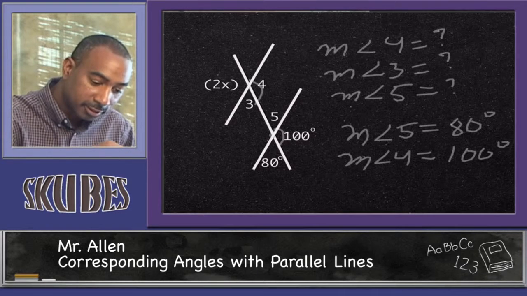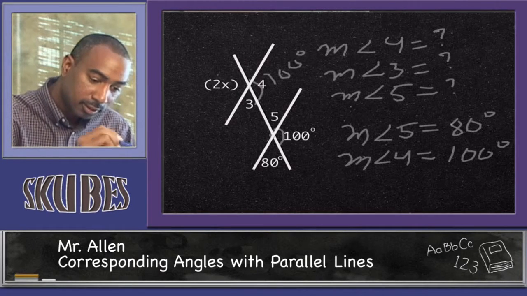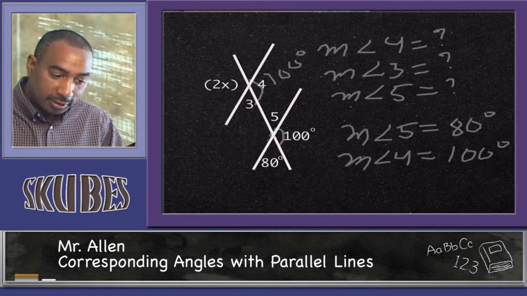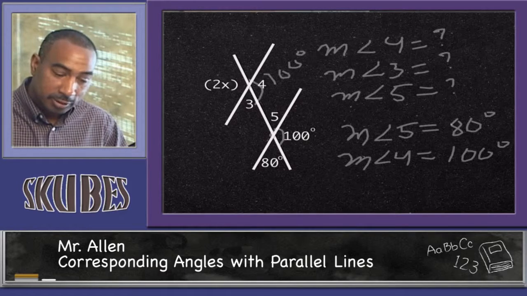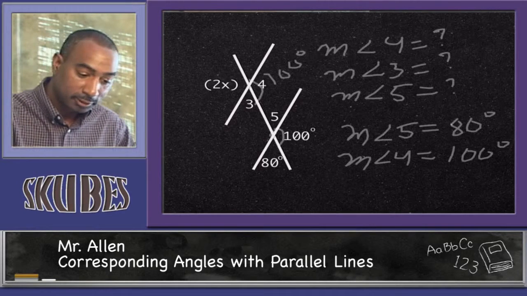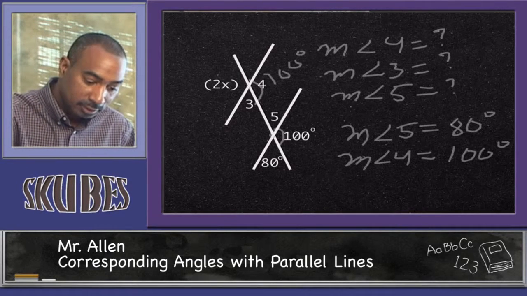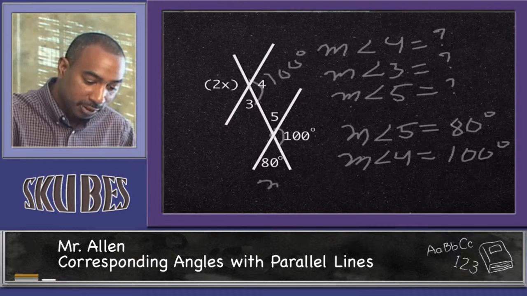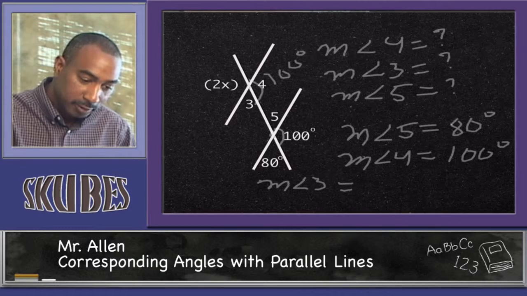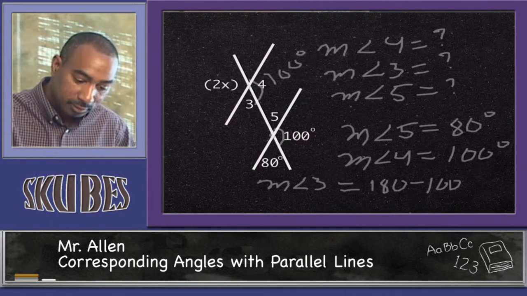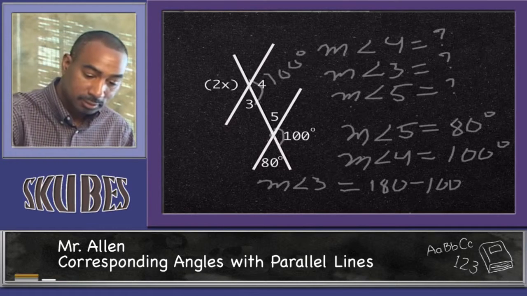Well, if I know that this is 100 degrees, I can add these two angles up and they must equal 180 degrees because it's a straight angle. So that forces the measurement of angle 3 to equal 180 minus 100, which is just 80 degrees.